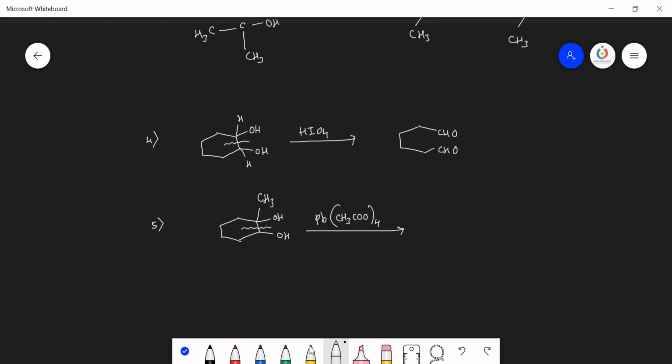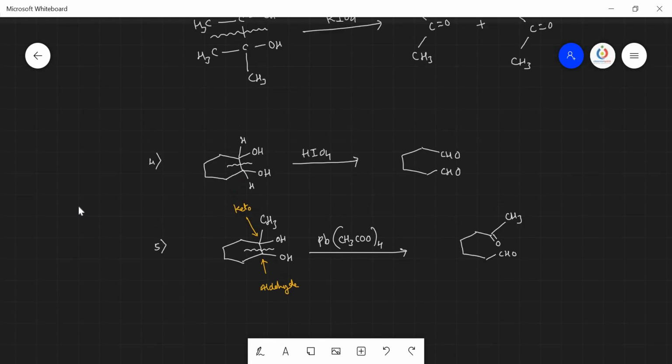So this carbon atom that we are discussing shall be converted to the keto group, and this one, having hydrogen, shall be converted to the aldehyde. So the final molecule will be: this is the keto group, here the CH3 group, and this is the carbon with hydrogen, CHO. This is the molecule. So in this way you have to understand.